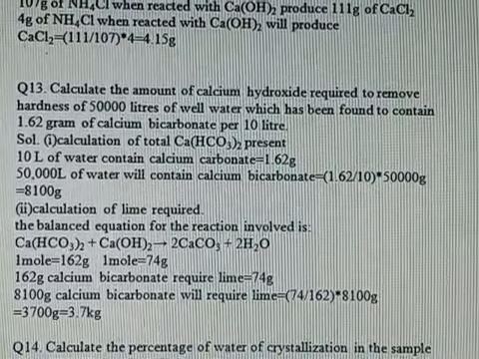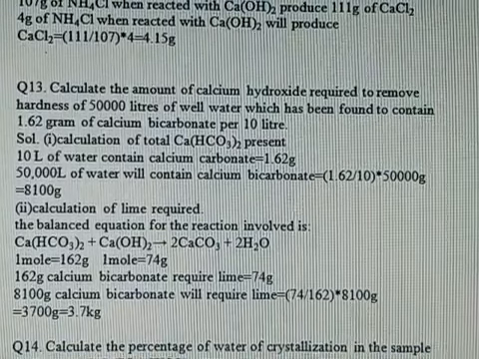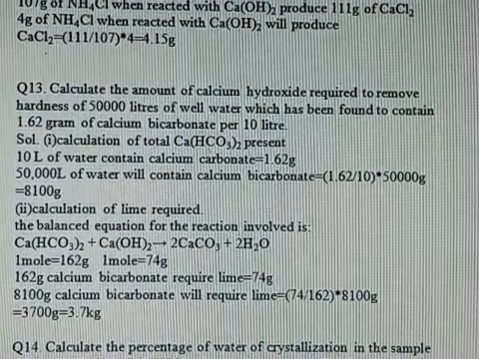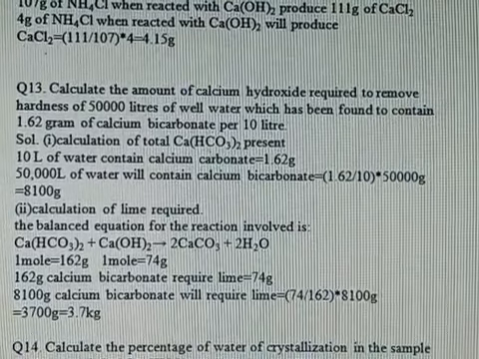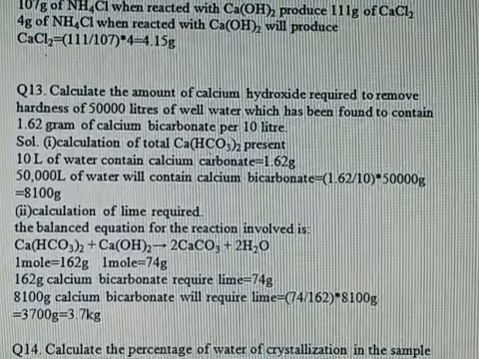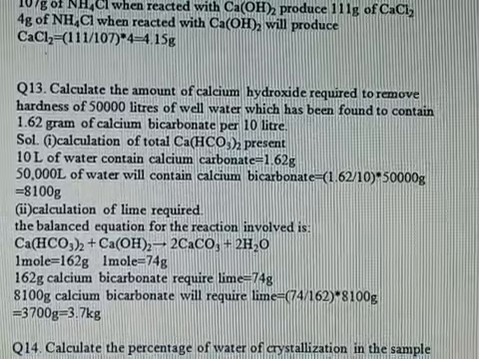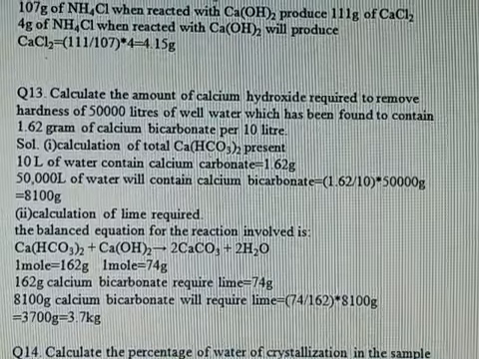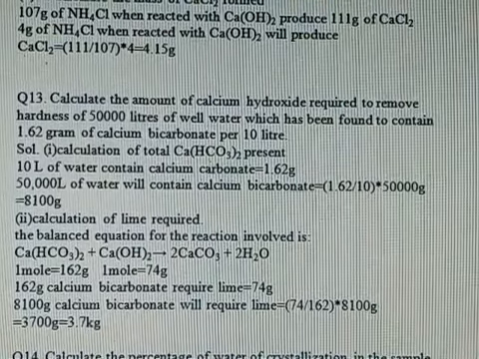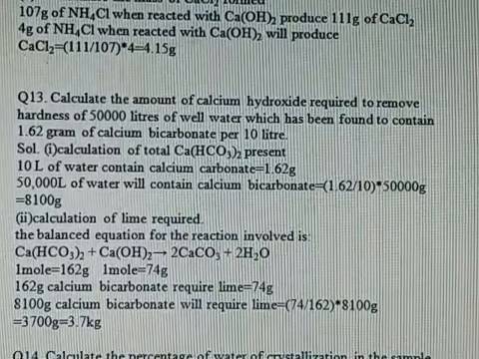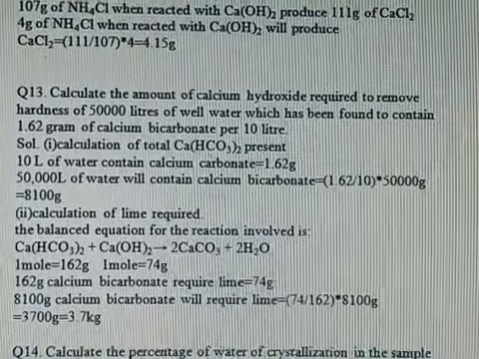So in 50,000 liter of water, calcium bicarbonate present is 1.62 divided by 10 into 50,000 gram, which is equal to 8100 gram. So 8100 gram of calcium bicarbonate is present.